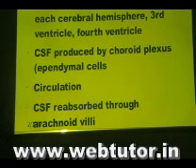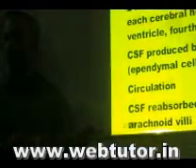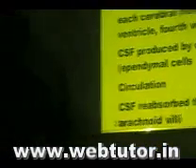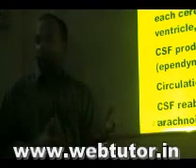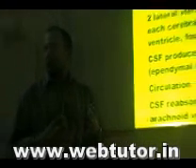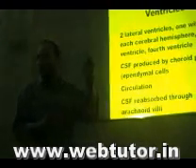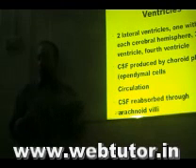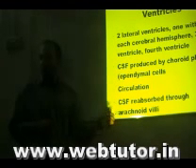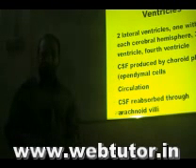The cerebrospinal fluid circulates in the various ventricles and around the brain, and then again it is absorbed back into the blood only by the arachnoid villi. Because the rate of reabsorption and secretion is maintained in such a way, there is a net pressure through which cerebrospinal fluid circulates. To circulate, it requires a certain amount of pressure to be built up, and it is because of this secretion and absorption that pressure is built up.